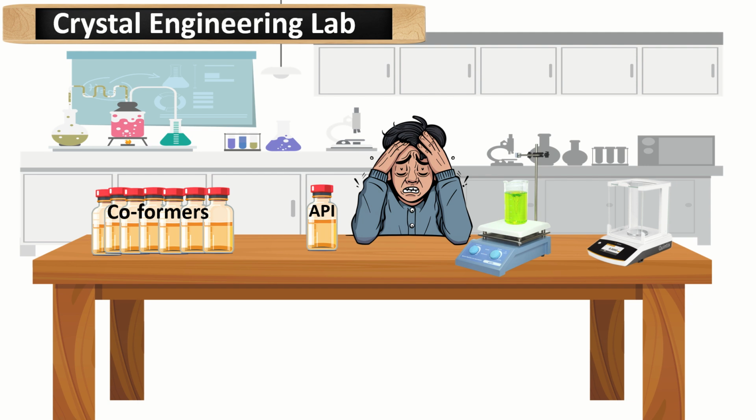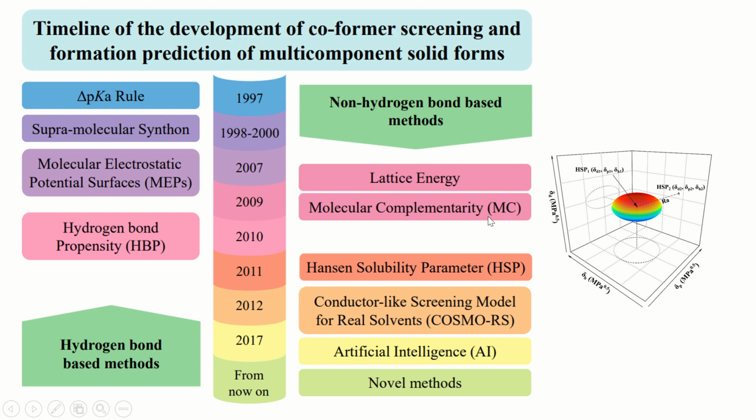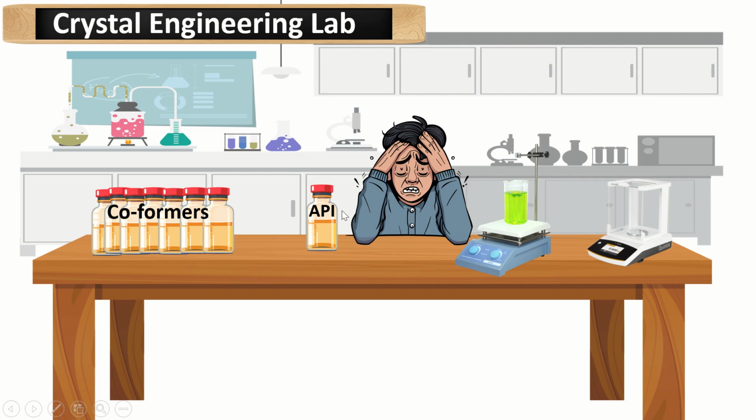If I try many co-formers with my API and gain nothing, it means I am going to waste my API. So there is a dire need to choose a suitable co-former for your crystal engineering. Let's discuss further.